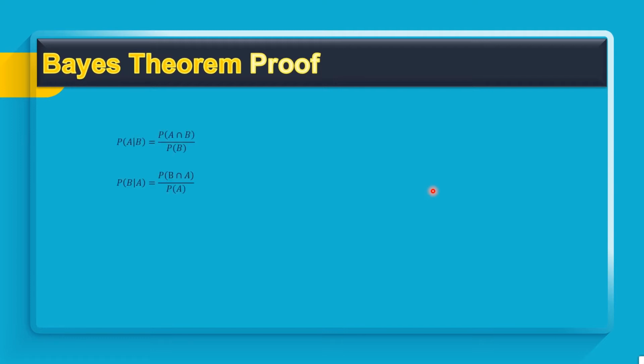Here we have probability of A given B and probability of B given A. Now for a joint probability distribution over the sets A and B, the probability of A intersection B, the conditional probability of A given B is defined as the probability of A intersection B divided by probability of B. And similarly, probability of B given A is defined as probability of B intersection A divided by probability of A. Now we equate probability of A intersection B and probability of B intersection A, as both are the same thing.